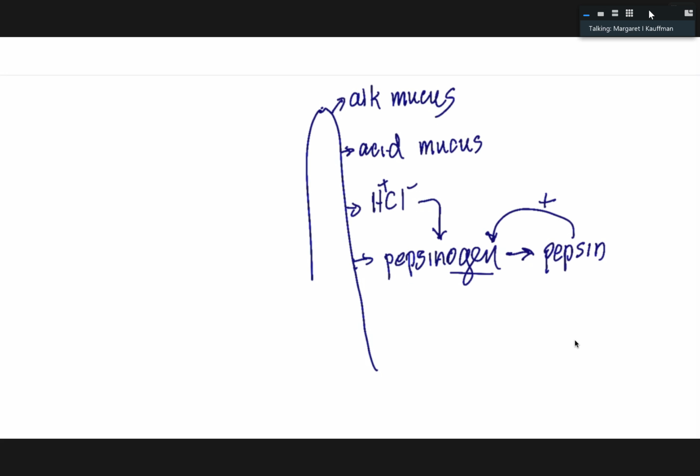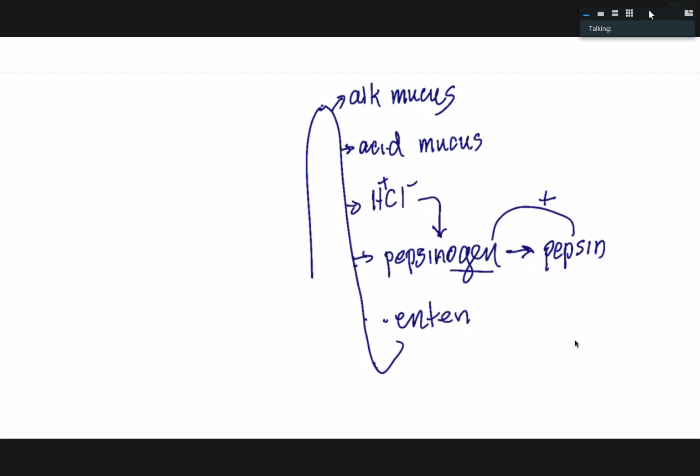Okay, and I'll let you keep going, Pradeep. And then, okay, so that was chief cells. And then the last layer, the enteroendocrine cells, they release gastrin and hormones like histamine or serotonin into the blood to signal from the stomach.